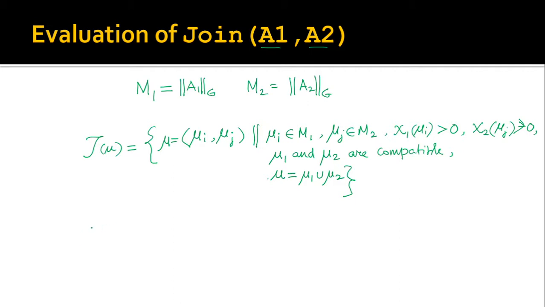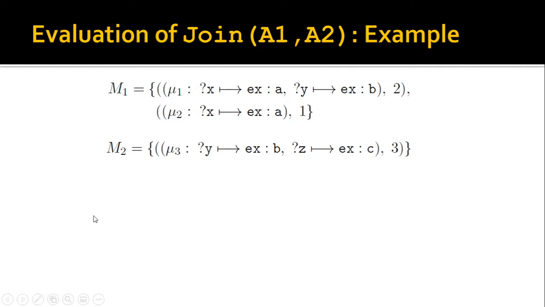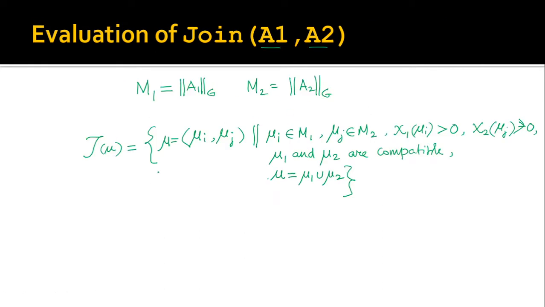Now with this, let us define the join evaluation, the result of the join, right? So you have the evaluation of join of a1, a2 with respect to a graph G, right?